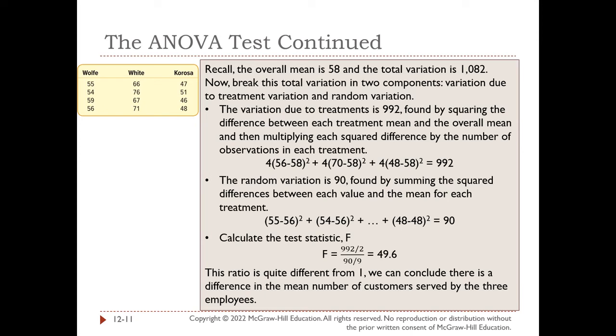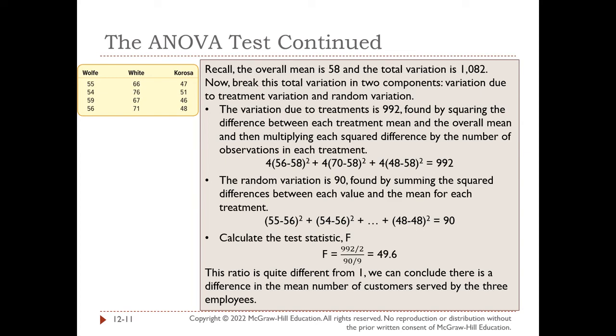So recall that the overall mean is 58, and the total variation is 1,082. Now break the total variation into 2 components: variation due to treatment, and random variation. How do we do this? Well, first off, the variation due to treatments is 992.